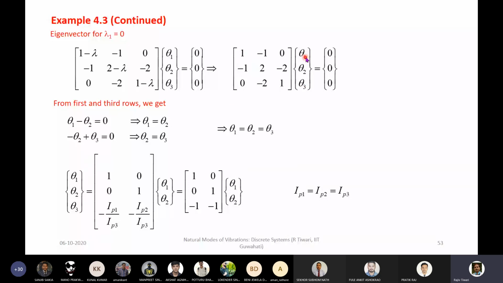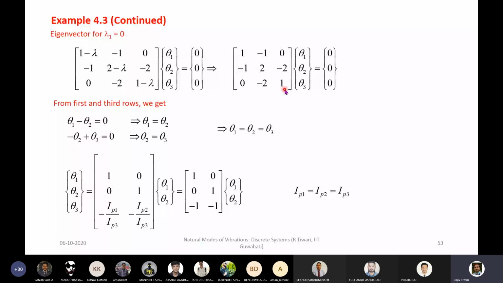So if I take the first equation, theta 1 minus theta 2 is equal to 0. If I take the third equation, because here is 0, our relations will be simpler. So I took the third equation. So this is theta 2, why is it coming like this, theta 1.